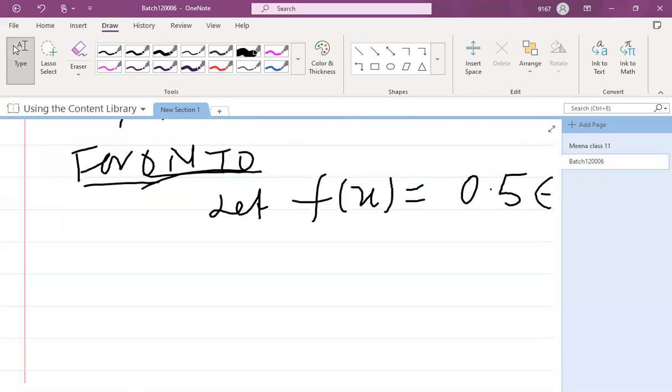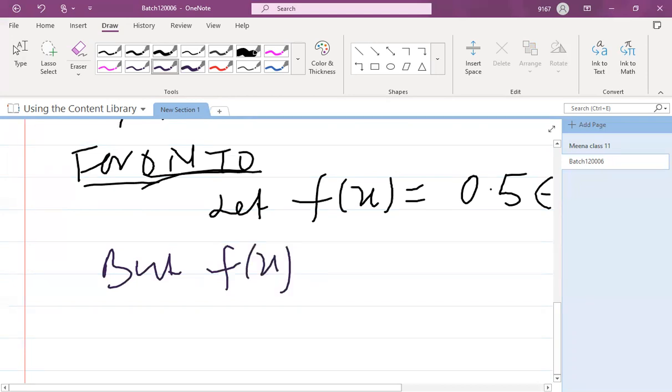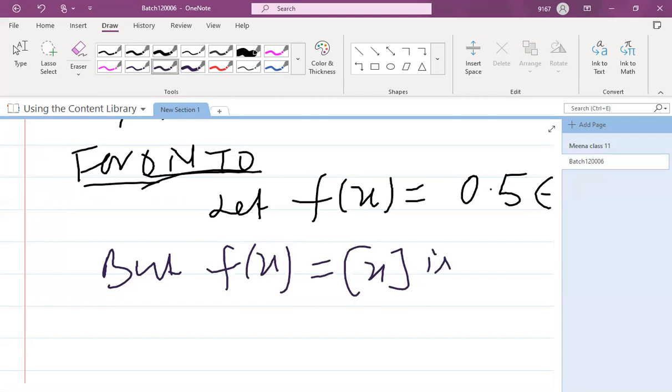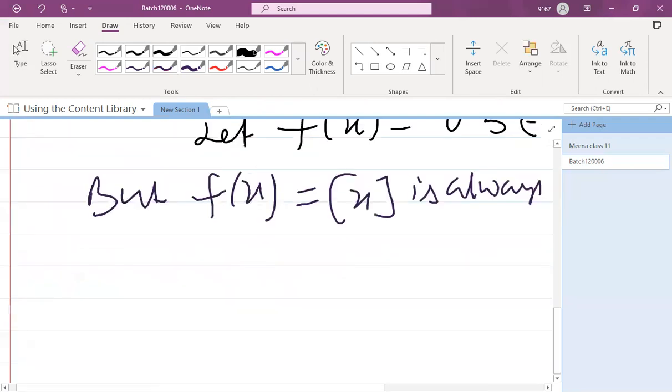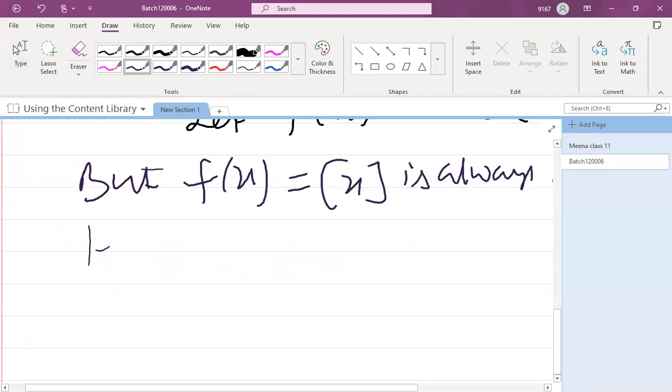So the value of f(x) is always an integer. Hence it cannot be onto.